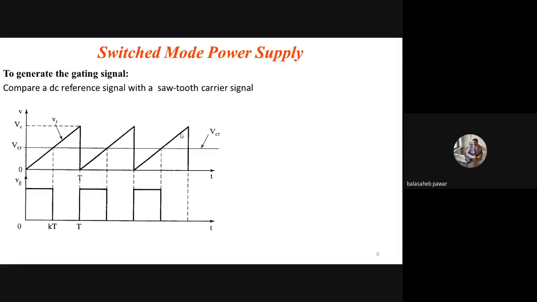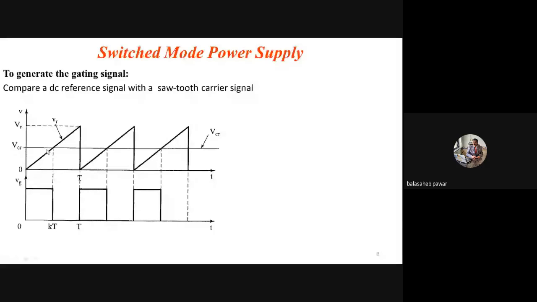As we are considering that triangular wave as an AC signal, there is a negative half cycle. But in case of the shown sawtooth, there is no negative half cycle. So only this period will decide the width of generated pulses. That means the reference and this carrier signal will decide the width of generated pulses.